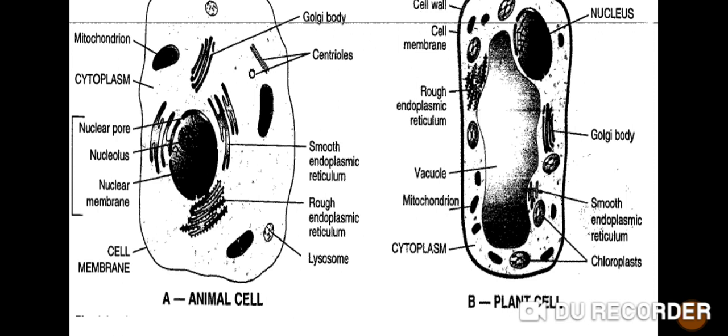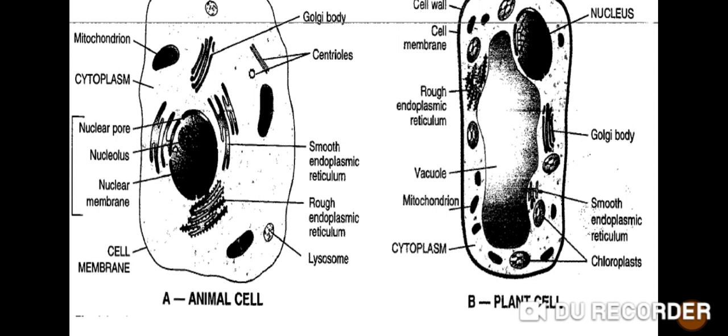Compared to the animal cell, we have here a larger number of chloroplasts, which are the centers for the preparation of food. So we find chloroplasts only in the plant cell and not in the animal cell.